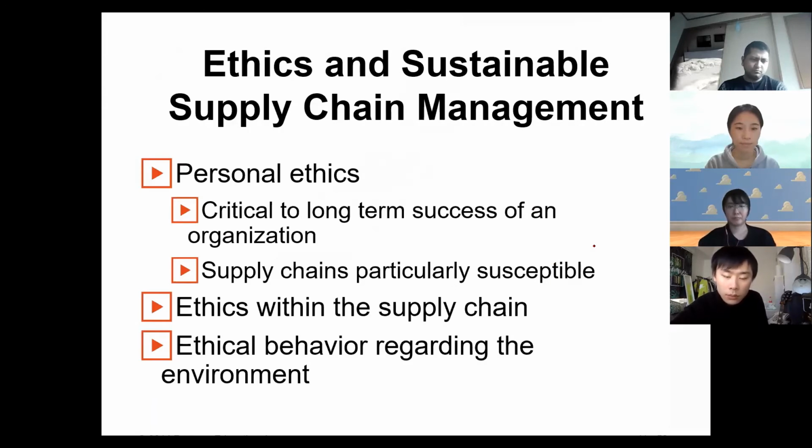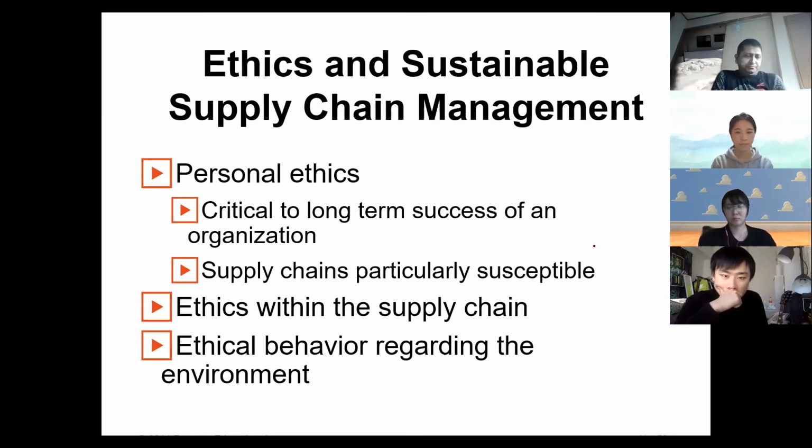One important thing in supply chain management is ethics and sustainability issues. Think about this. You're dealing with a lot of players, such as suppliers. Imagine you are the purchasing officer. What challenges are you exposed to when you deal with suppliers, negotiating price, delivery, and quality issues?